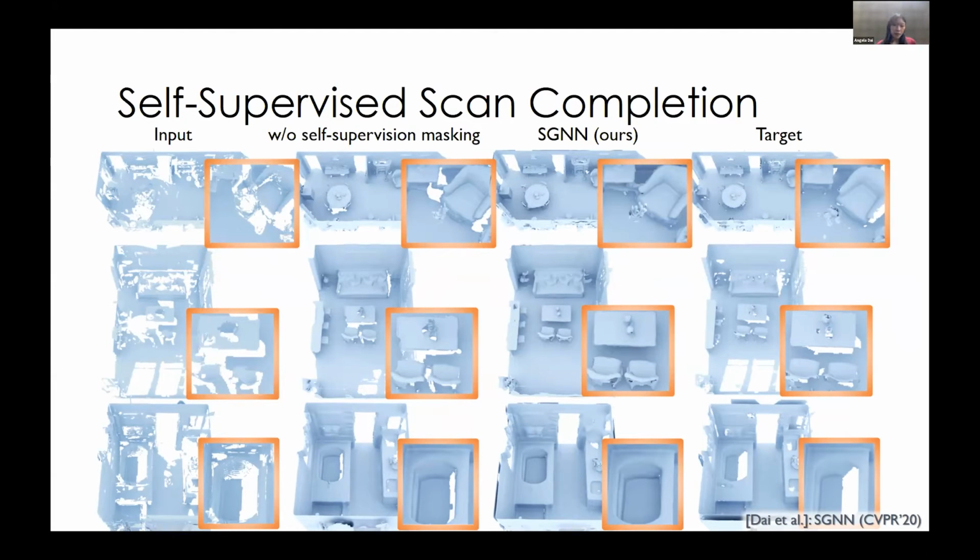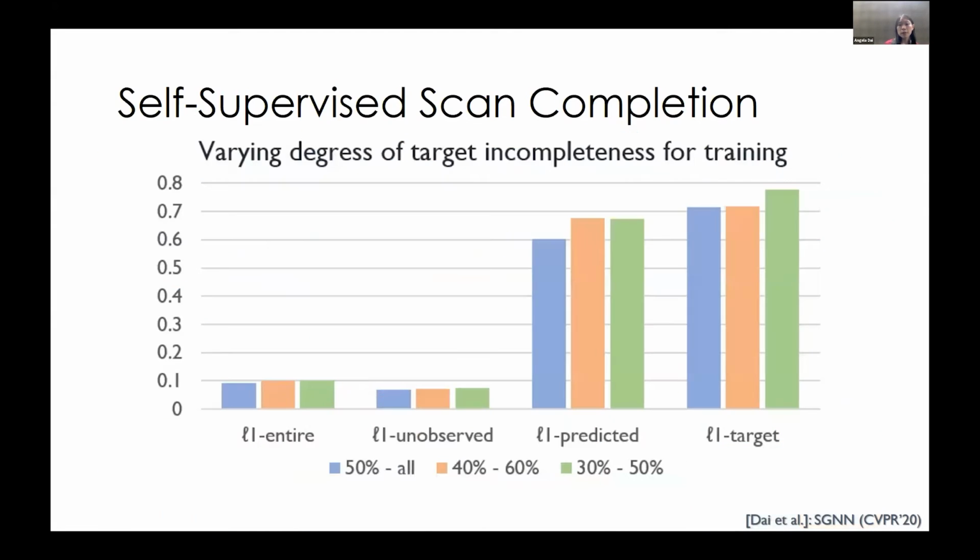And so here we see that, well, these scans are from Matterport. The target scans are fairly complete that we're using for training. But we can take a look at what level of completeness is actually required in order to train this kind of formulation. So here we have the default scenario where we take 50% of the frames for an input scan and all of the frames available for target during training.